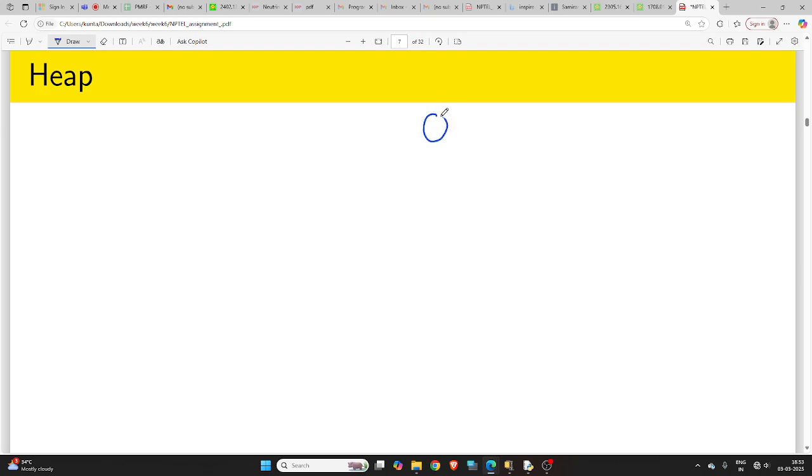So I just want to mention one thing: obviously you all know that this is the root, and then let's say there is something as a parent. Why is it known as a parent? Because there is one left child and one right child.